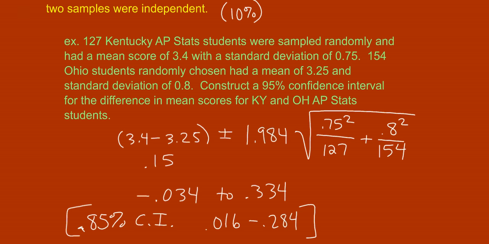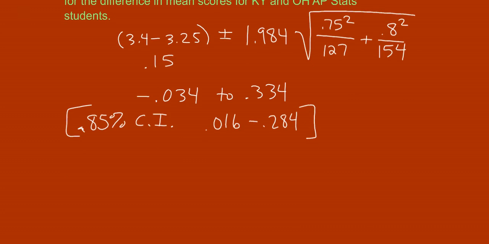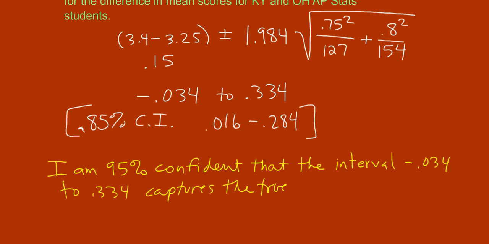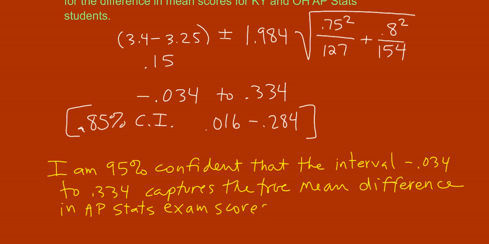So the only thing left to do after all that is to interpret. I am 95% confident that the interval negative 0.034 to 0.334 captures the true mean difference in AP Stats exam scores between Kentucky and Ohio students.